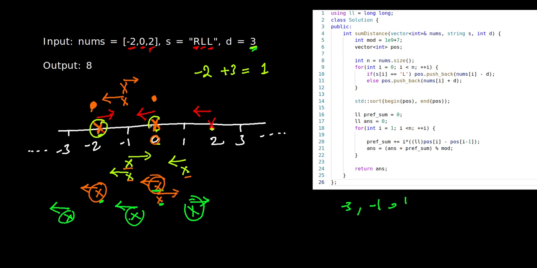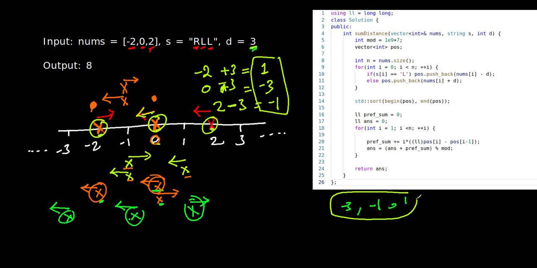And this robot initially at 0, after 3 seconds, so the direction is left, will be -3, and this is -3. This robot at 2, after 3 seconds it will be at -1, and these are the values we obtained here.